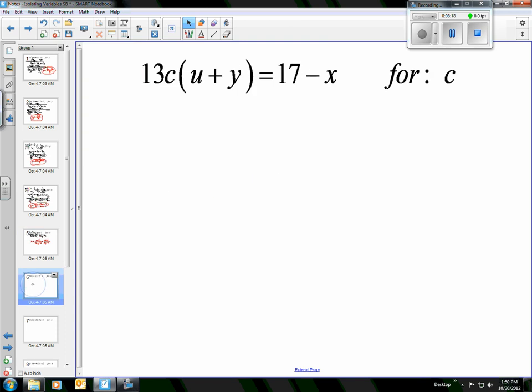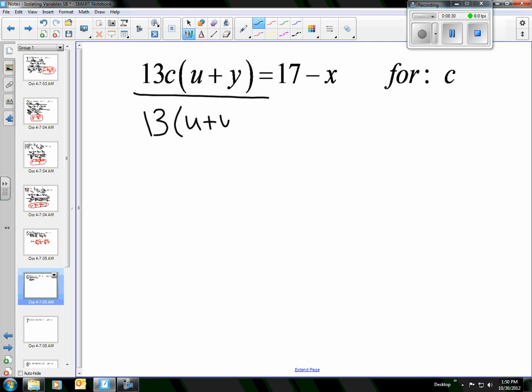Okay, moving on. Similar concept here to the last one. So we were solving for c, and here we would want to divide both sides by 13 times u plus y. Divide by 13 times u plus y.